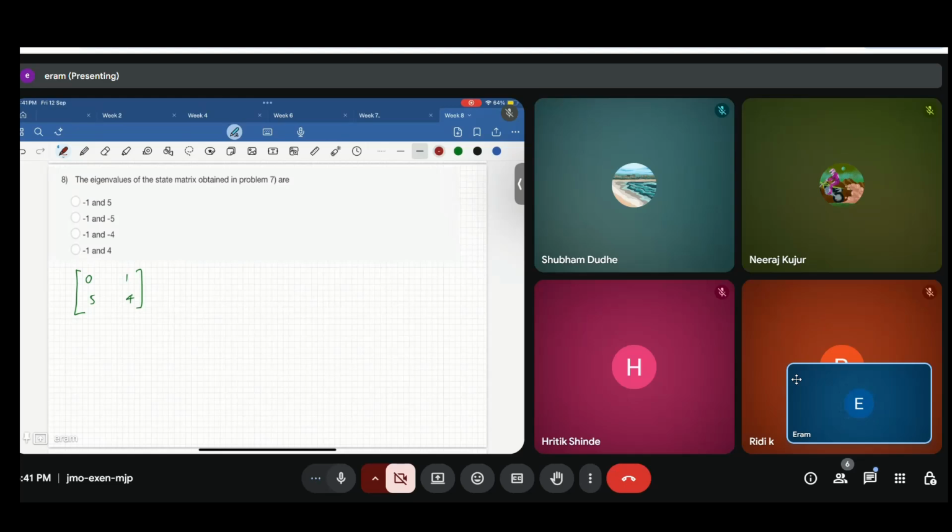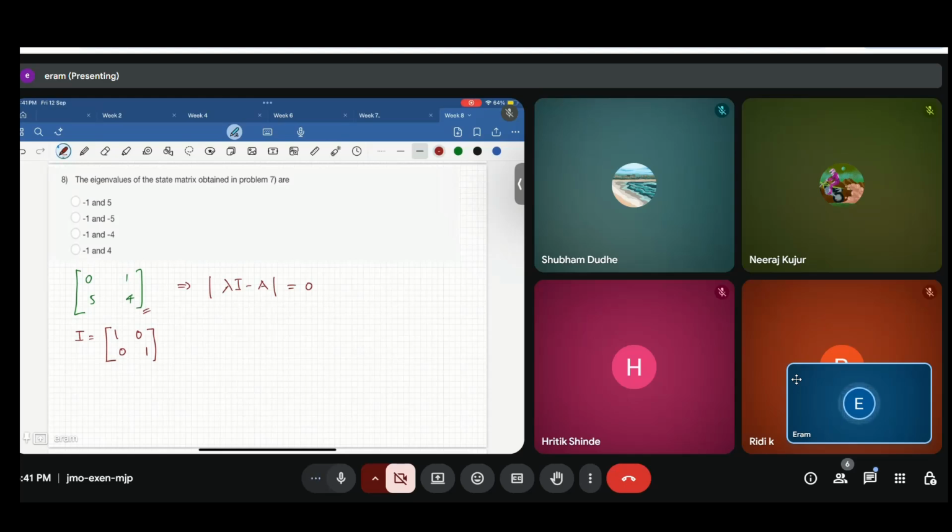We take lambda I minus A, take its determinant and solve it for 0. Now what is the identity matrix? Because we have a 2 cross 2 matrix, you take the identity matrix of the same dimension. Identity means the diagonal elements are 1.